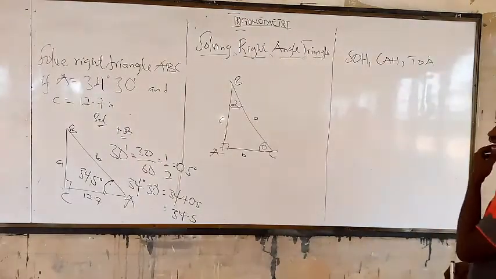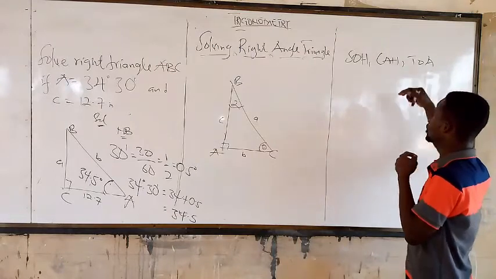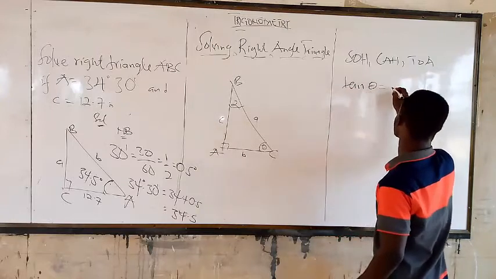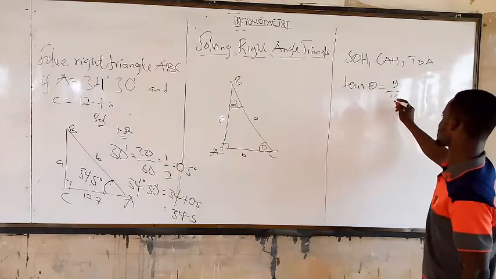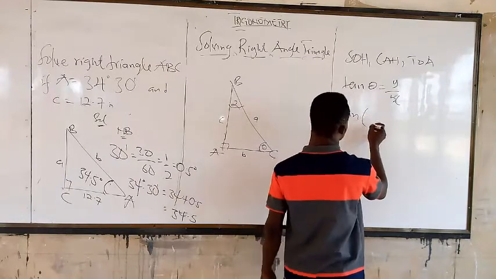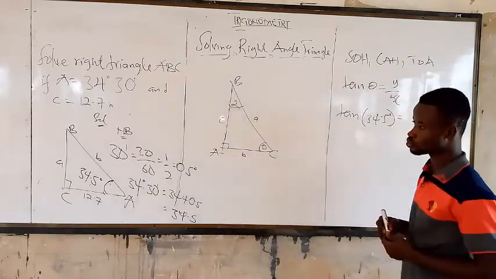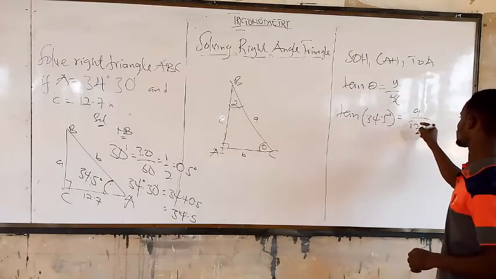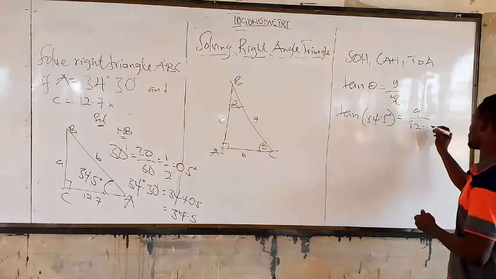You can see that the one that we can get as the adjacent is this and this. So we can use tan theta, which is opposite over adjacent. So tan 34.5 degrees is going to be equal to A over 12.7.